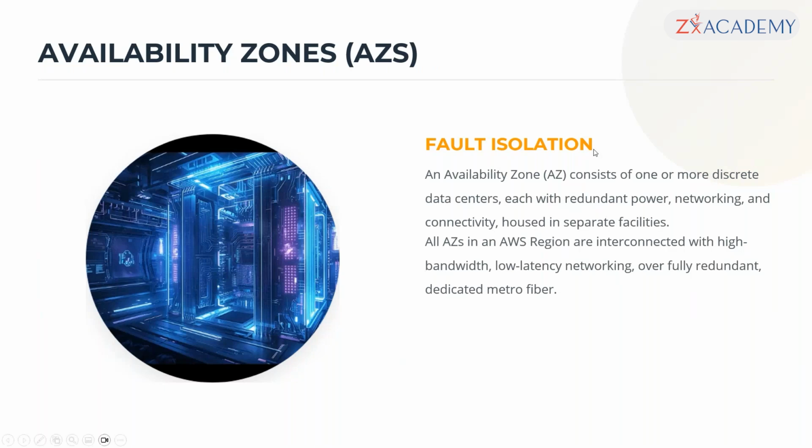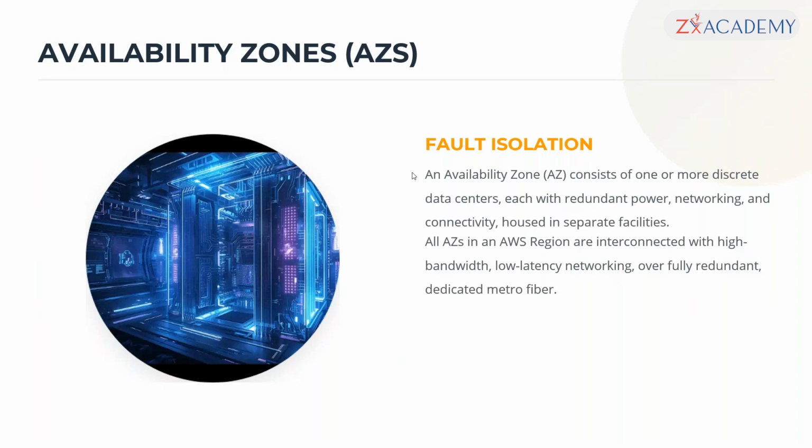So when we say fault isolation, say I'm launching and hosting my services. I will not create a single server. I will create multiple servers. To deploy them, I will choose two different availability zones. I will not have both servers in a single availability zone, because if the entire availability zone goes down, it will take both of my servers down.